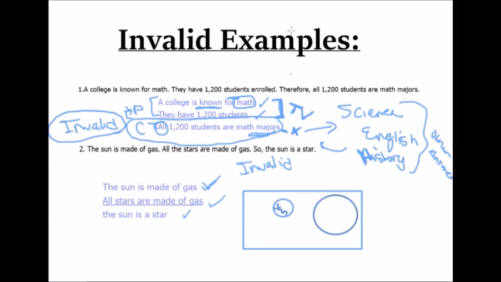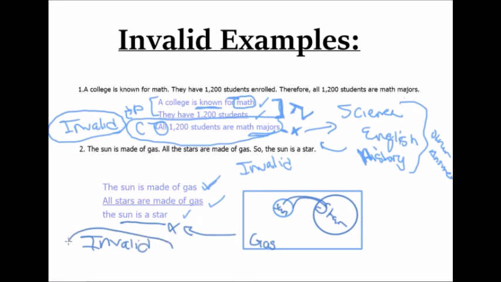So these stars can go all over the place. So the sun is a star. Considering that there's no overlapping between these two, there's no way of proving this argument. So for that reason alone, this is invalid.